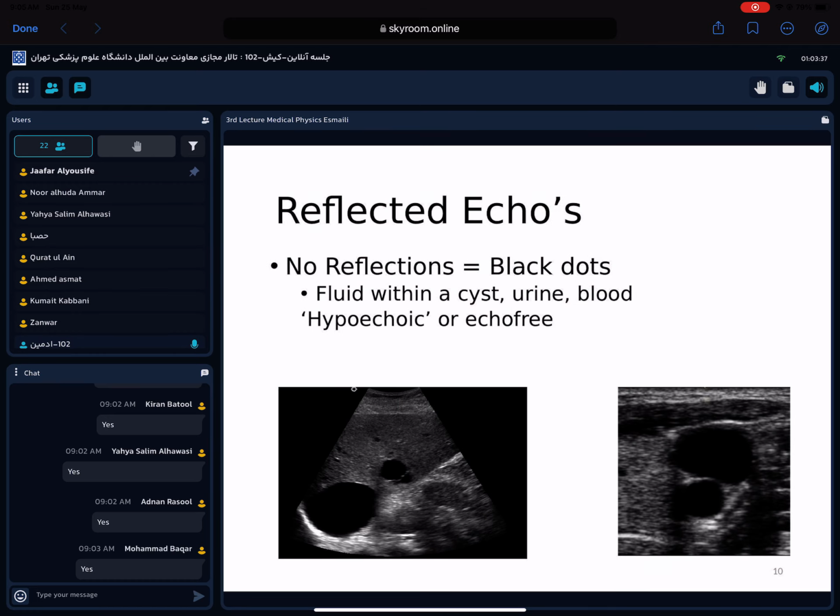And finally, the third region, where there is no reflection, is called echo-free or no reflection. And we will see these regions on the sonogram in dark. For example, cyst, urine, and blood show dark in the sonogram.